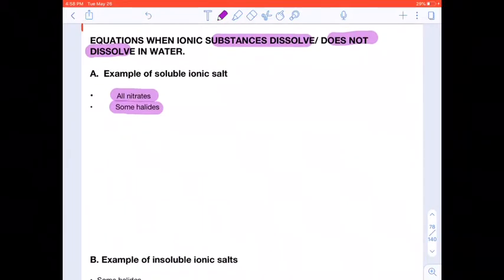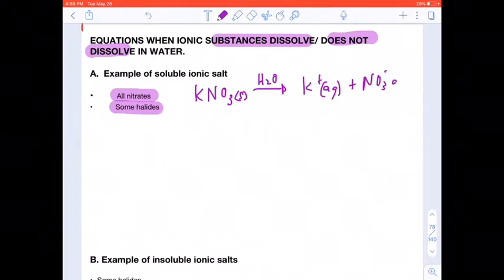We can take any nitrate, say potassium nitrate, which is a solid, and with H2O that gives us K+ aqueous plus NO3- aqueous.